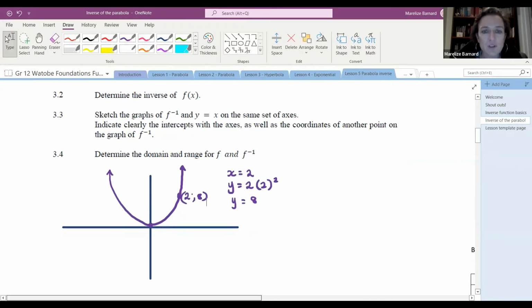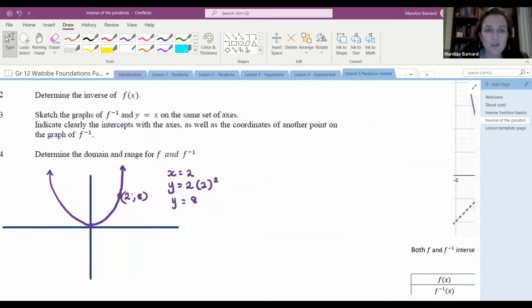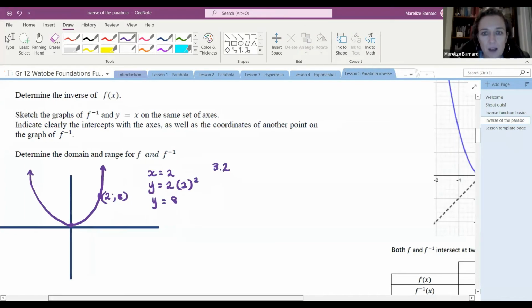So for the inverse of f of x, we need to do the swap with x and y. So I hope you've tried it so far, but you can do it with me, or you can try and do it on your own maybe, and then just look up at the screen to see if you got it right.